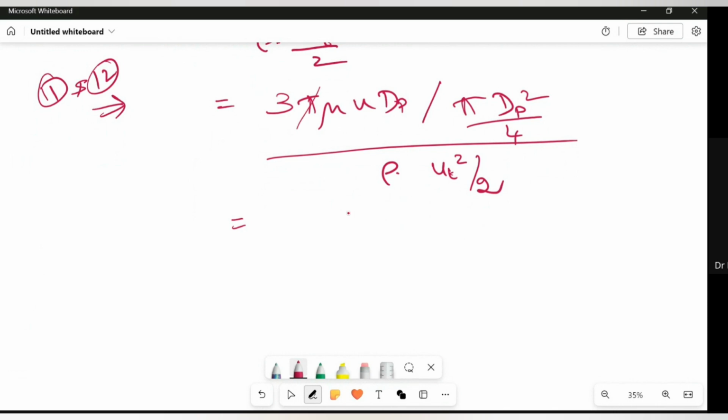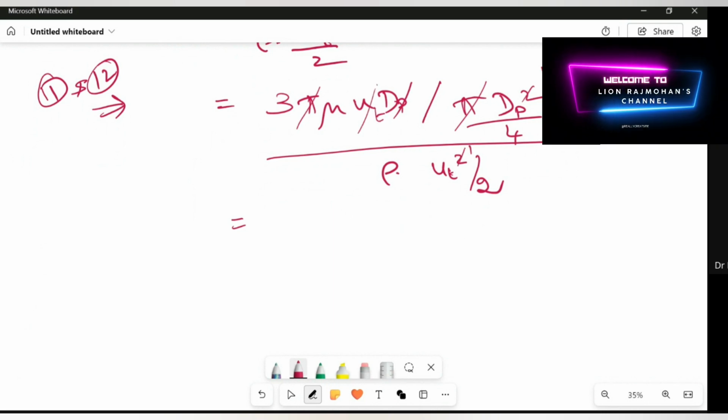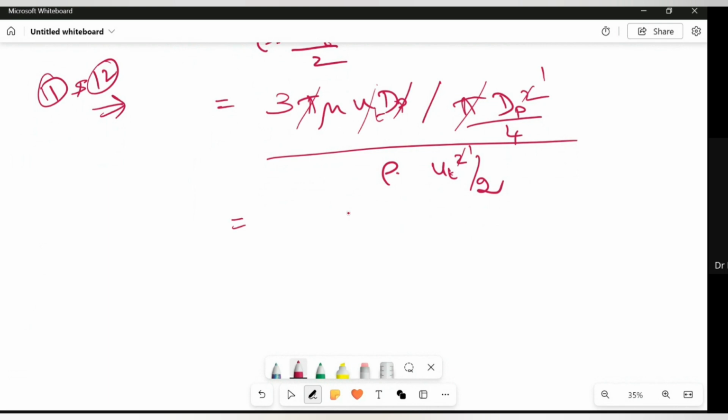you have this pi getting cancelled, dp getting cancelled. So you have ut here. Here also the power is getting cancelled. So what we have is 4 2s are 8, 8 3s are 24. So you have 24 mu divided by, rho is left, mu was left, and in the denominator you have ut left, and in the denominator we have dp also left.